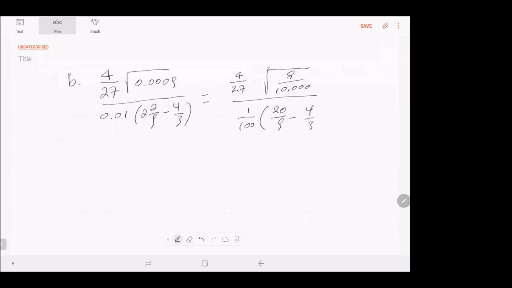This is the first step. Now, this is a perfect square number, 9 over 10,000, so it can come out of the square root. So 4 over 27 times, what is the result when we extract 9 over 10,000 from the square root? 3 over 100, over 1 over 10, 1 over 100.